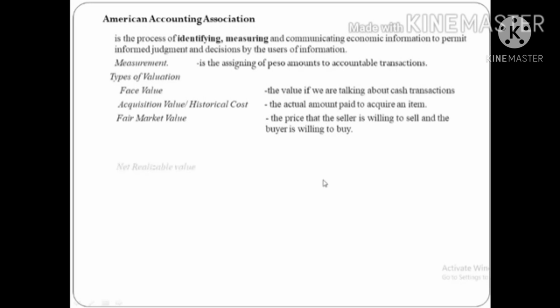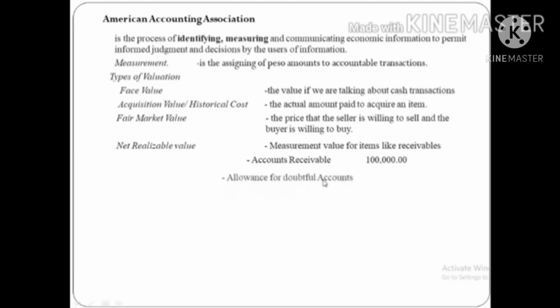Some items must be valued at net realizable value, for example, your accounts receivable. When the business entity has already rendered services or delivered the products to the customers and the customers did not pay yet, you are going to recognize receivables. Let us say, for example, your accounts receivable is 100,000 from your customers. Do not expect that the full 100,000 will be collected. A portion of the amount should be recognized as doubtful.